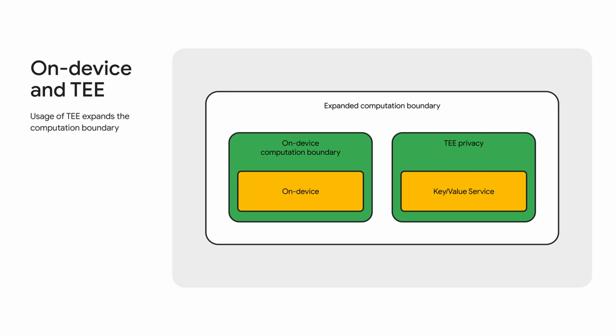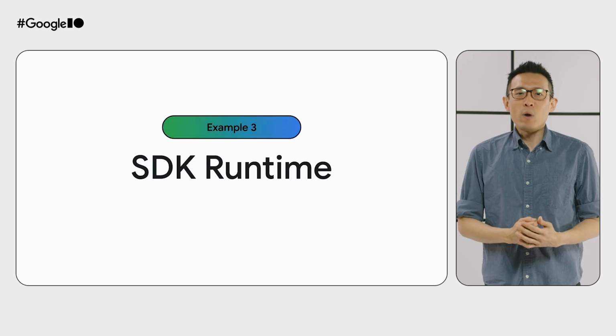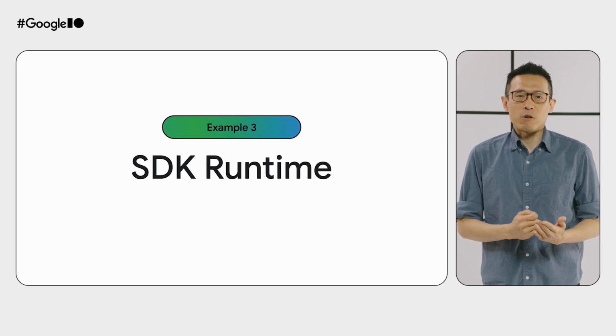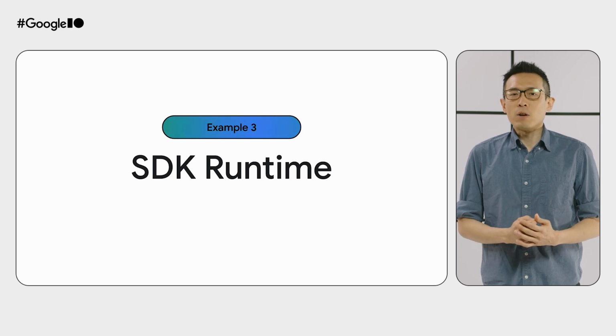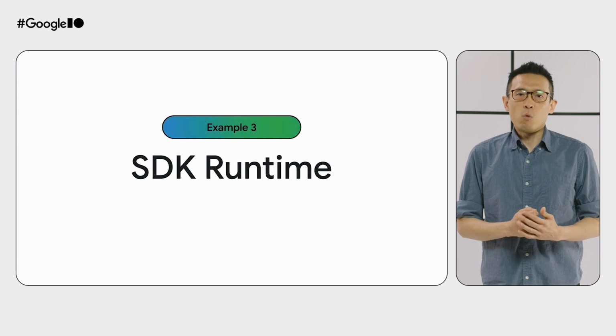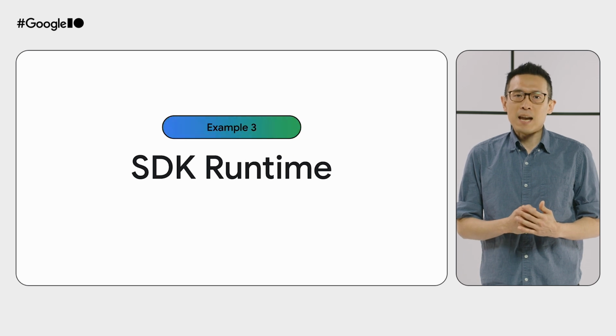Another way that the Privacy Sandbox on Android is addressing cross-app or cross-context data sharing is the SDK runtime. SDK runtime is a mechanism where Android app processes and the ad tech SDKs which they rely on are installed and run in a discrete execution environment so that the data they have access to can be better controlled.